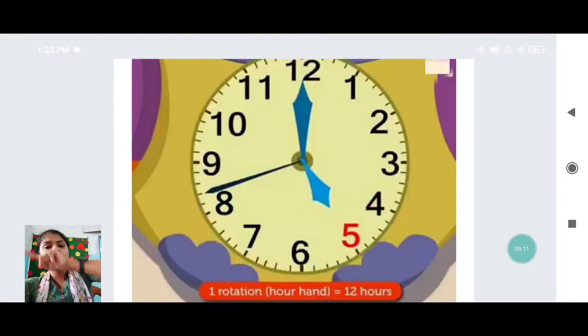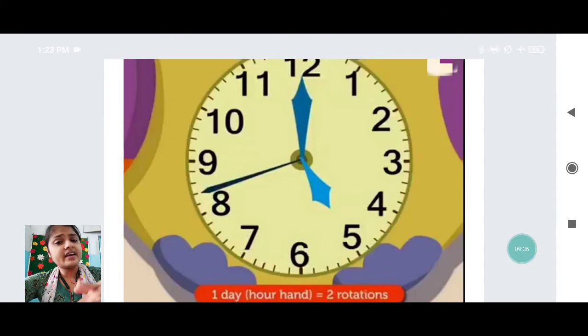When the clock rotates one whole time, there are 12 divisions. From 12, when it rotates and comes back to 12, it completes 12 hours. And if it moves 2 rounds, it completes 24 hours, which means one complete day.